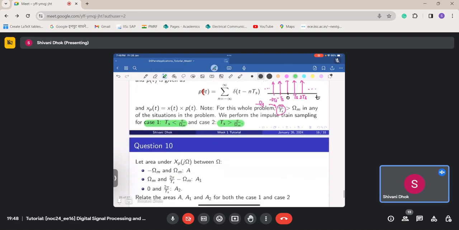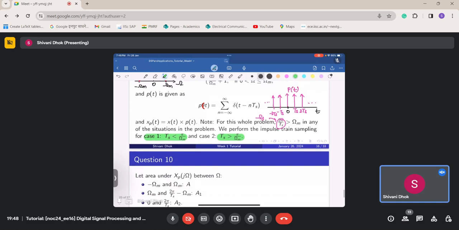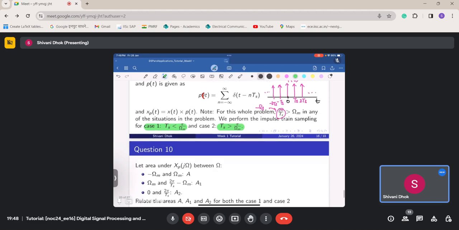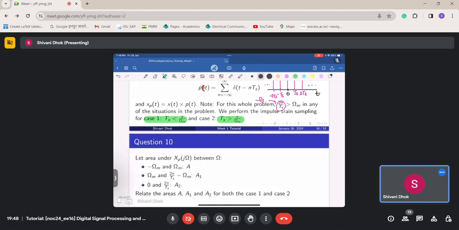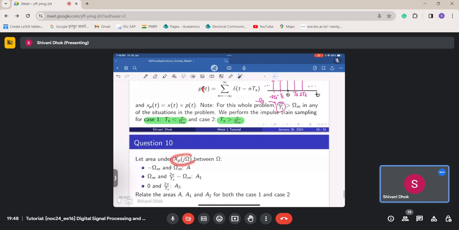What is given is xp(t) is x(t) into p(t), and its Fourier transform is Xp(jω).